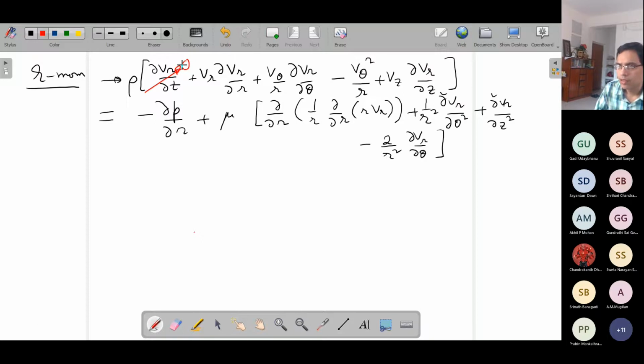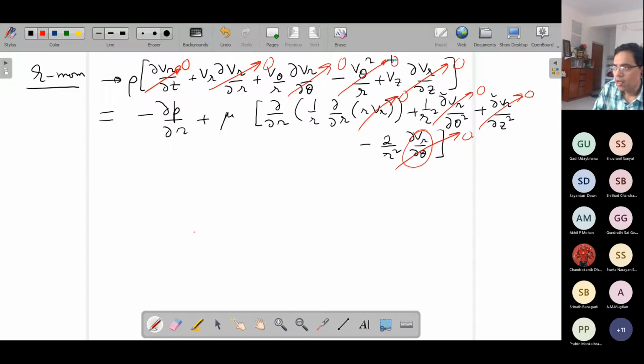And anyway, we started with R momentum because we know Vr equal to 0. So R momentum primarily concerns Vr, and because Vr is 0, its derivatives etc. will be 0. So we'll not look into that. All 0. And there is some theta dependence here, so that is also 0. And V theta is 0.